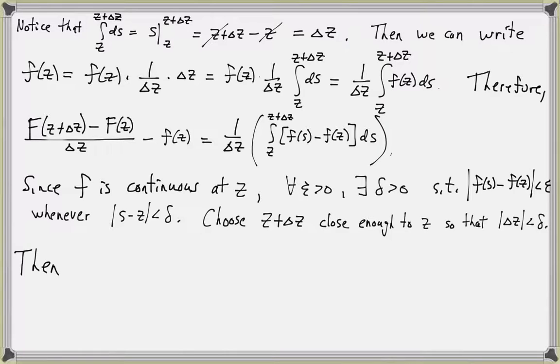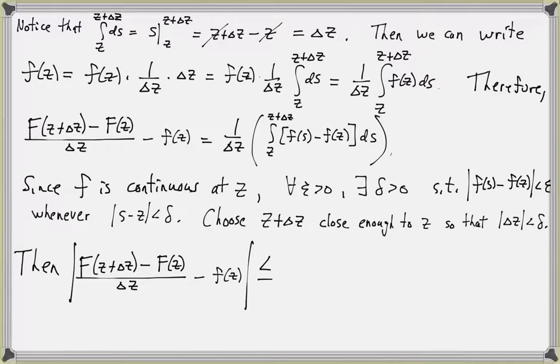Then the absolute value of this quantity above will be less than or equal to the absolute value of the integral on the right-hand side, and bringing the absolute value inside, this would be less than or equal to 1 over the absolute value of delta z times the integral from z to z plus delta z of the absolute value of f of s minus f of z ds, and the integrand, absolute value of f of s minus f of z, will be less than epsilon.